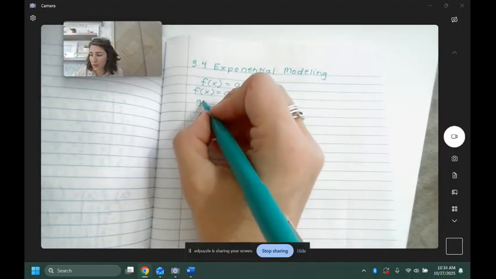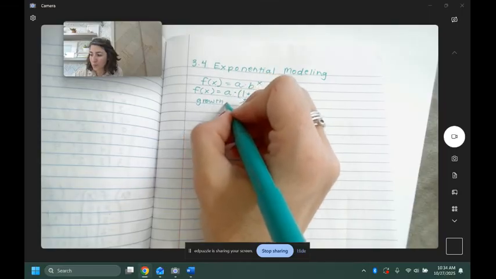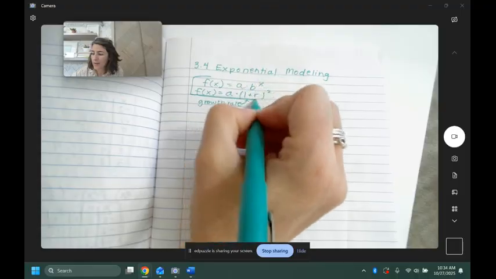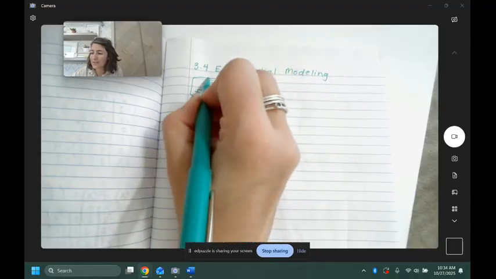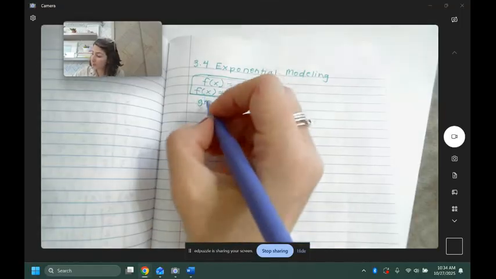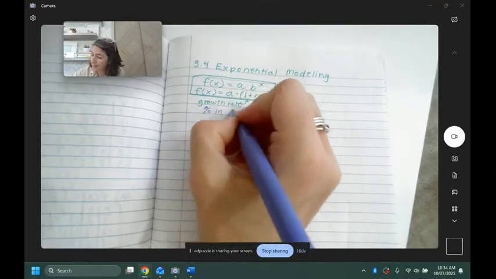So r would be your growth rate. And that growth rate has to be in decimal form. So a percentage in decimal form.